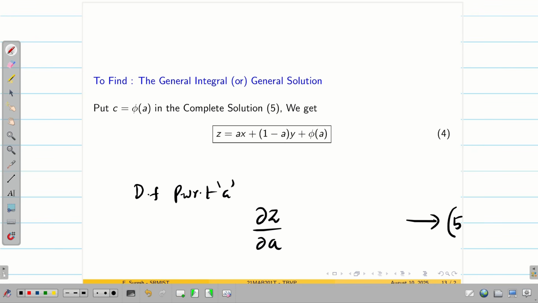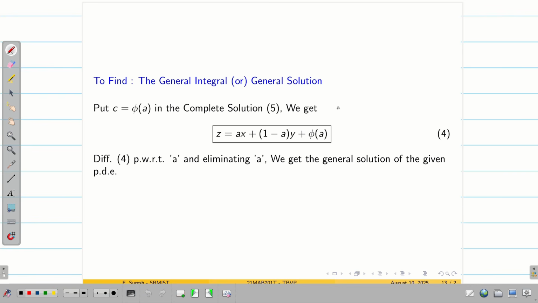Let us take this as equation 5. Now eliminating the constant a from equations 4 and 5, the solution which we get is the general solution. So in exam point of view, you don't need to find the general solution. You can simply say the words: differentiating 4 partially with respect to a and eliminating a, we get the general solution. Hope you understand, students.